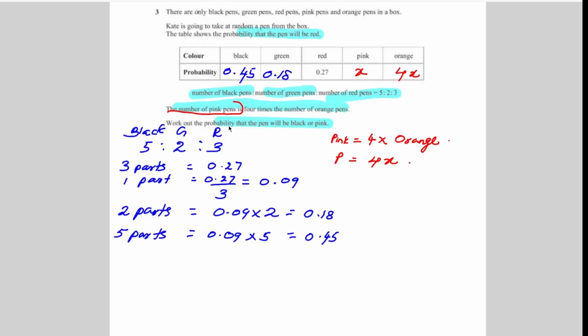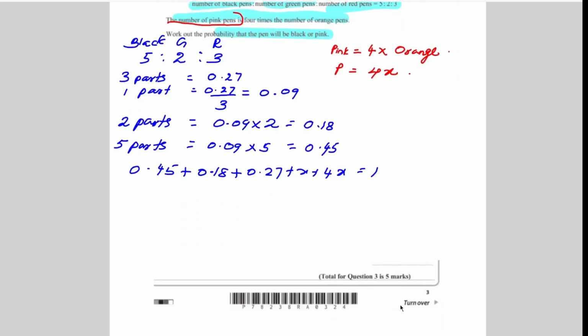Then we know that all the probabilities added together equal 1. So we can write here 0.45 plus 0.18 plus 0.27 plus x plus 4x equals 1, because all the probabilities add up to 1.